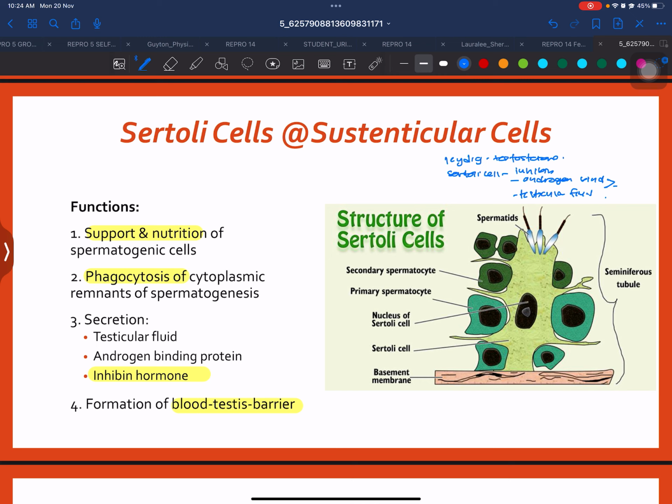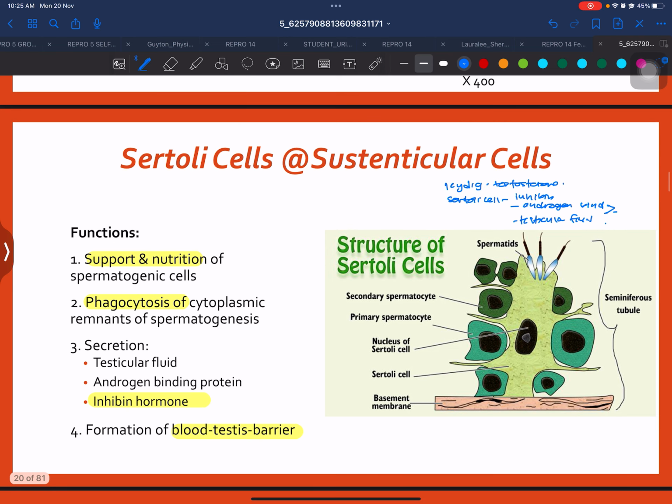In case you inject something, drugs or any colored fluid, you can see that it can't penetrate into the lumen of the, what is it called, seminiferous tubule. Sorry, my mind is very cloudy. So it acts as a blood testis barrier.